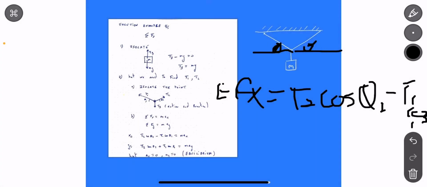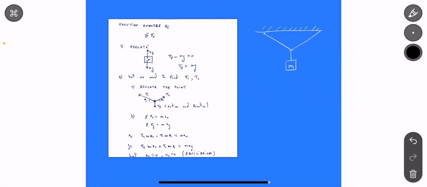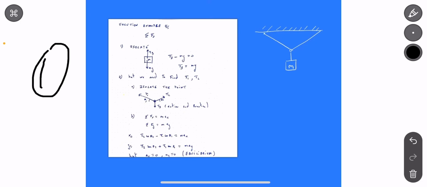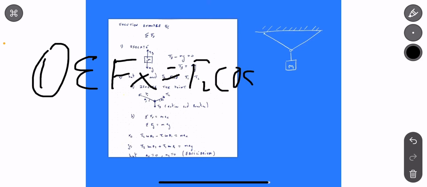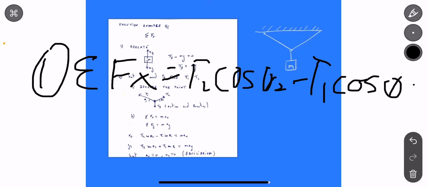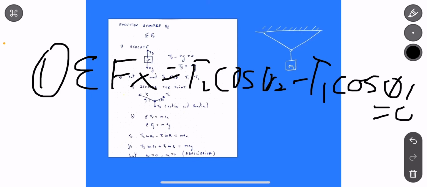If we rewrite this for both of them, eventually we're left with the sum of forces of x equal to T2 cosine theta 2 minus T1 cosine theta 1. And that should give us 0, because that's what we're looking for.